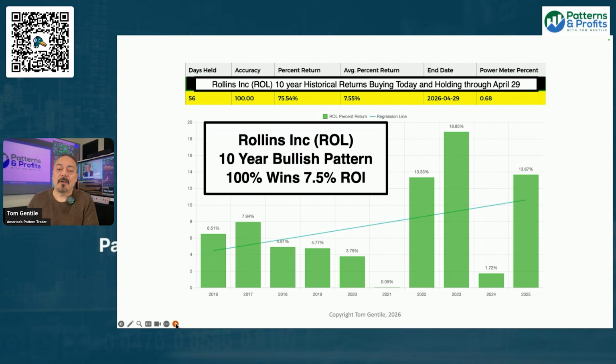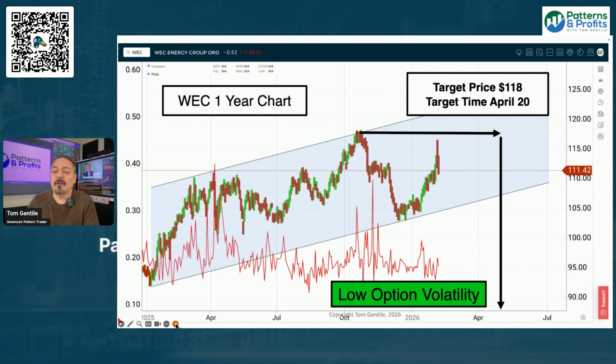If we take a look at chart format, WEC on the chart tells me that we have a pattern that started out in 2025 below $95 a share. It shows me that this pattern has higher highs and higher lows.